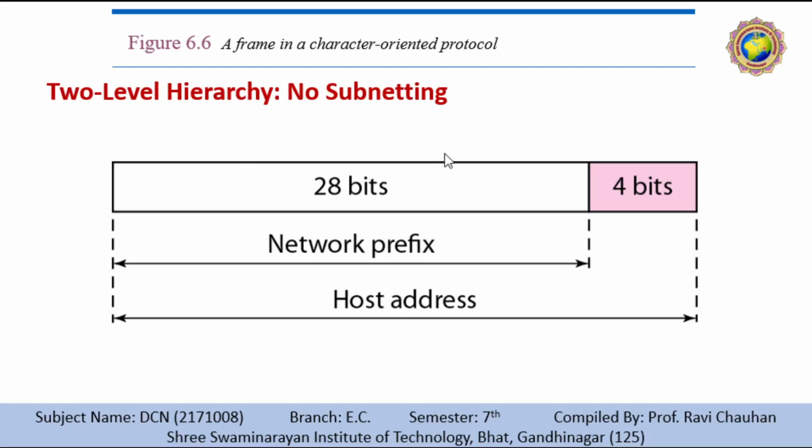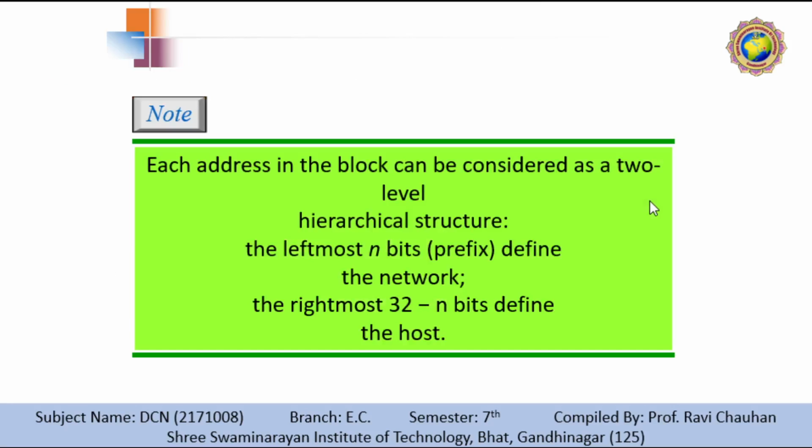The prefix is common to all the addresses in the network, while the suffix changes from one device to another. So you can say that each address in the block can be considered as a 2-level hierarchical structure. The leftmost n bits, just like our prefix, define the network, and the rightmost 32 minus n bits define the host.